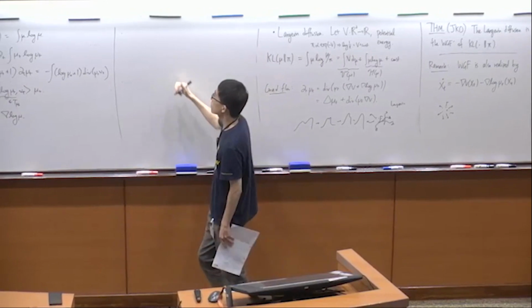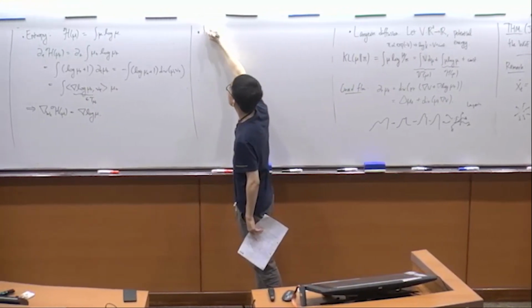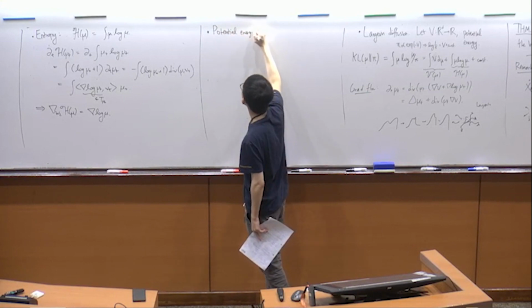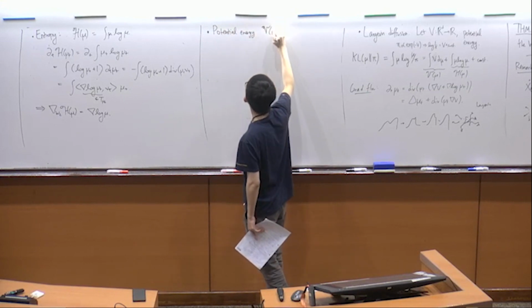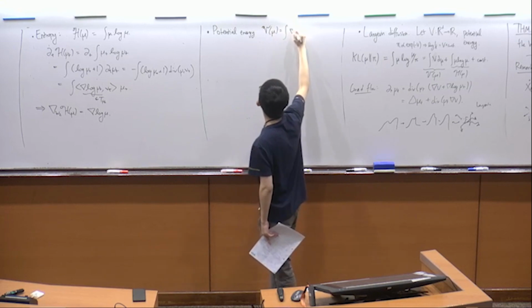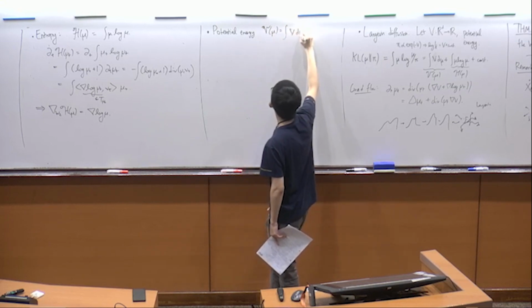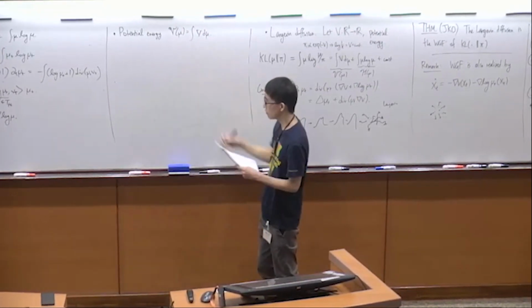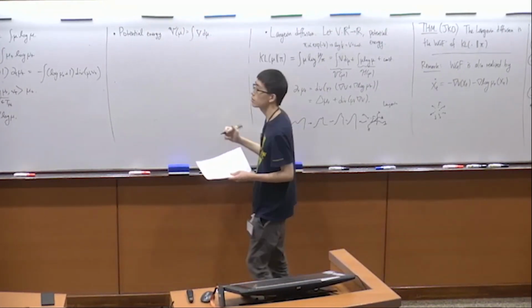So now let's compute some Hessians. We'll start with the easy one, which is the potential energy. What I want to do is take that Wasserstein geodesic and differentiate the potential energy twice along it.